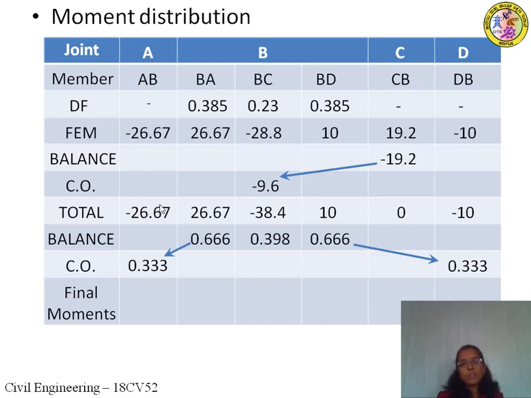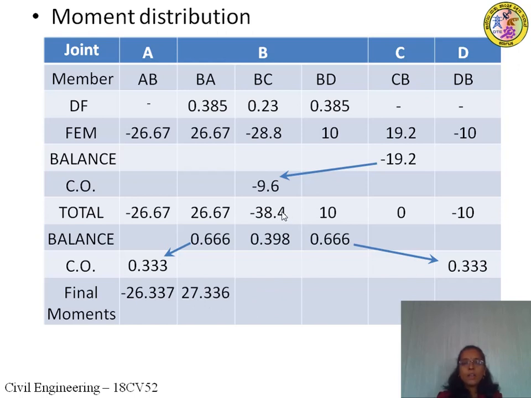So the final moments are calculated as the summation from the total row. We have to add all the values in each column from the total row. For AB, minus 26.67 plus 0.333 will be equal to minus 26.337. Next, for BA, 26.67 plus 0.666 will be equal to 27.336.